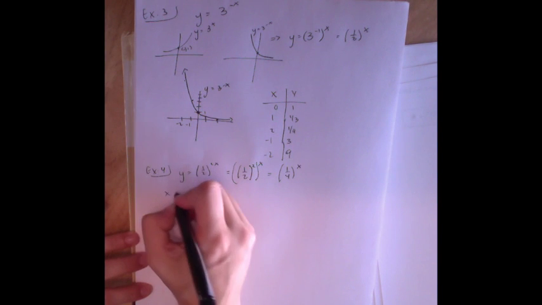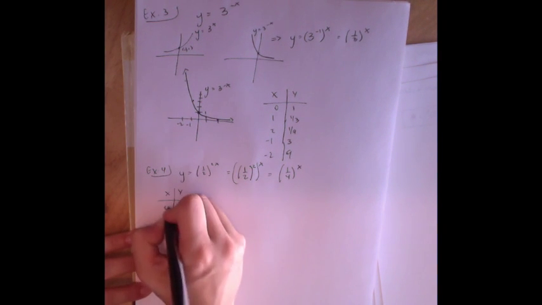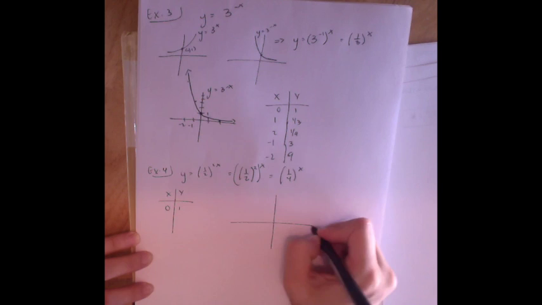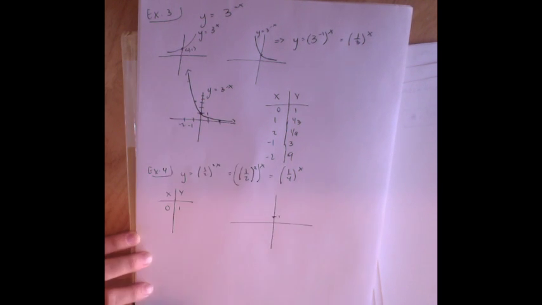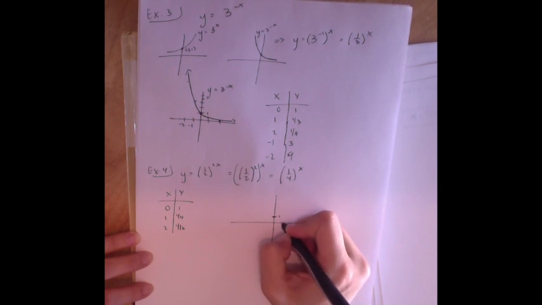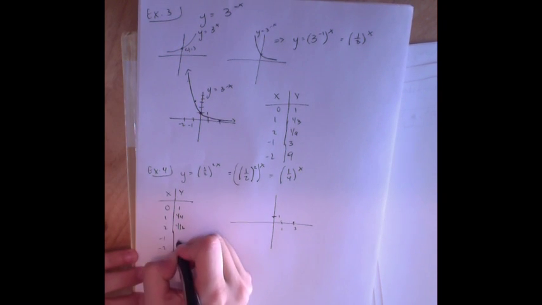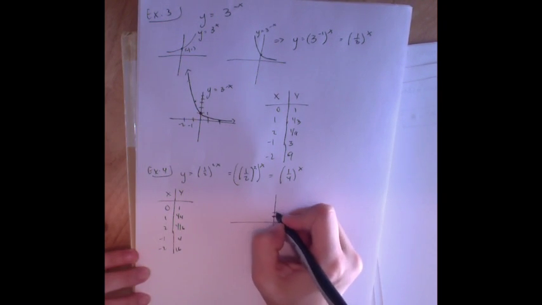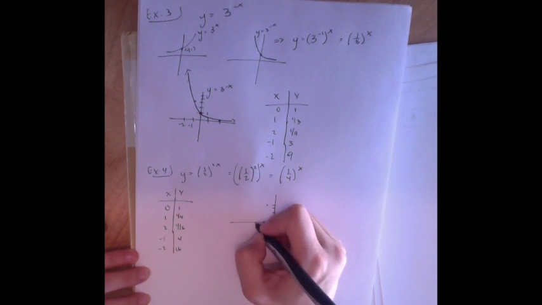So let's create our xy chart for that. We know it goes through 0, 1. We know it's 1/4 to 1/16. Let's do negative 1 and negative 2, gives me 4 and 16. Negative 1 and negative 2.